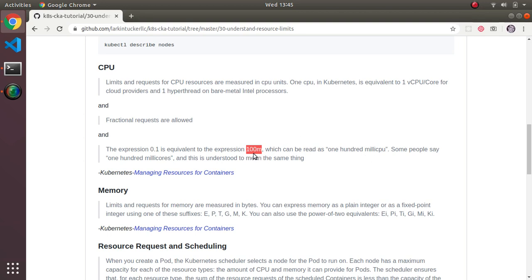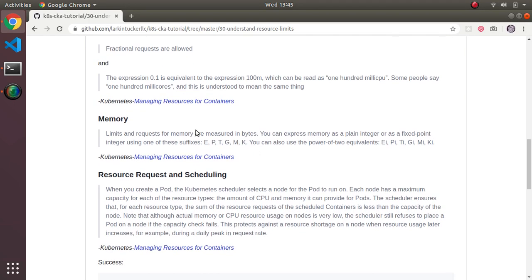Okay, so again, oftentimes your process is not necessarily consuming a whole CPU. Memory, on the other hand, is just measured in bytes, right? There's the kilobyte, megabyte, gigabyte, terabyte, petabyte, and I have no idea what E is. I can't imagine that much memory.